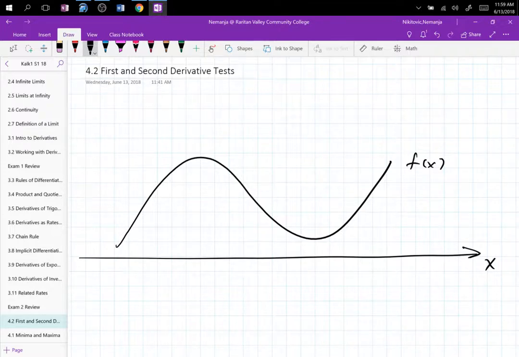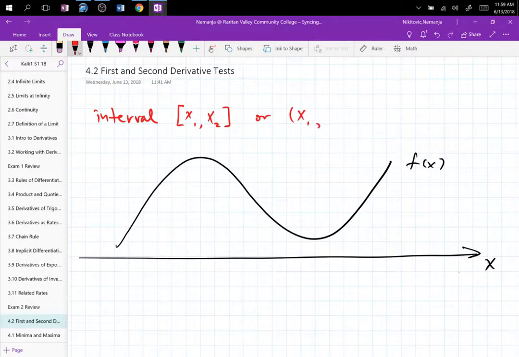An interval is going to be either x1 to x2, right? So it's not x comma y, it's not a point. An interval is length on the x-axis for which something happens with a function.